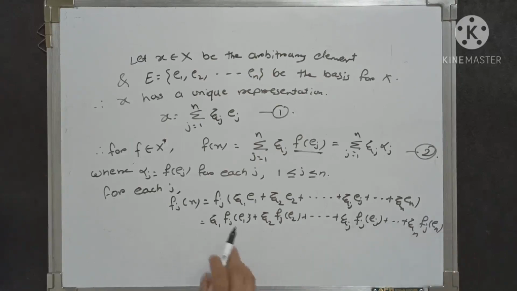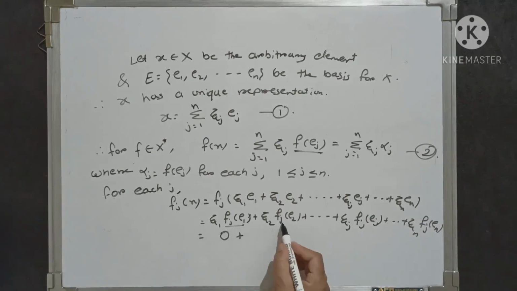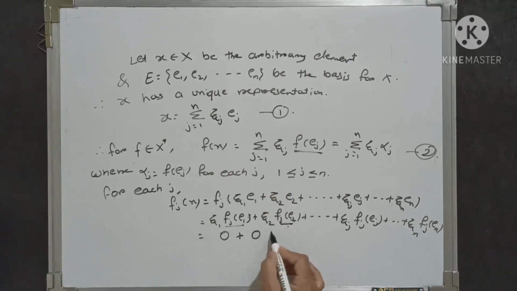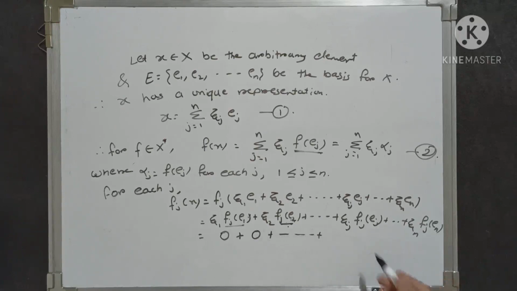Now we know that fj of e1 is delta j1, and as j is not equal to 1, it equals 0, and therefore this whole term becomes 0. In the same way, j not equal to 2, therefore fj of e2 equals 0, and the product xi2 into 0 is also 0. This continues, but here fj of ej equals delta jj, and delta jj equals 1.